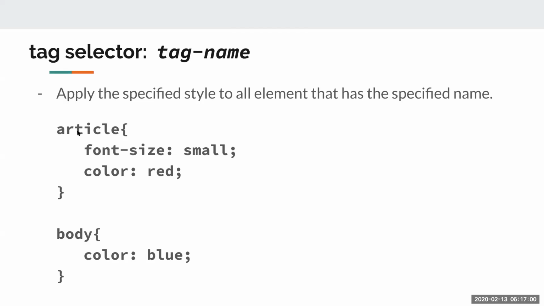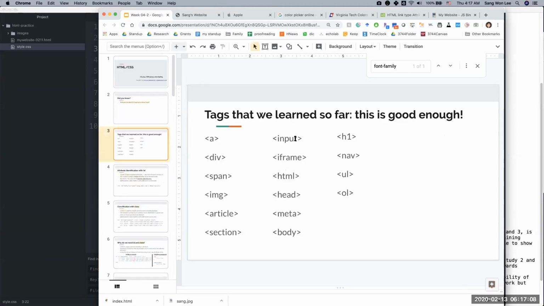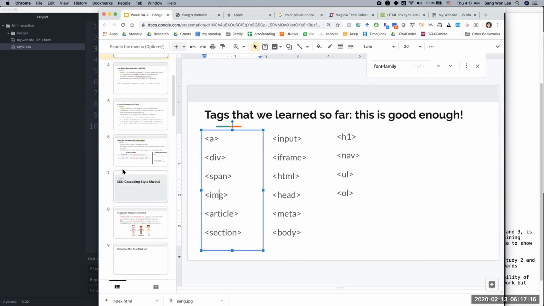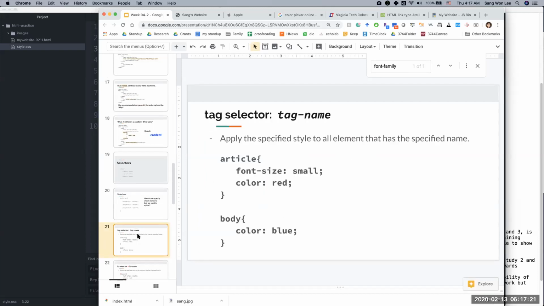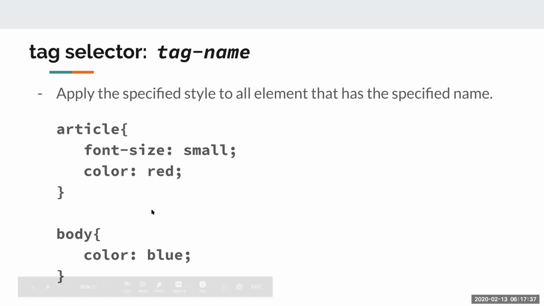For our case, these are the tags that we learned so far: it could be a, div, span, image, article, section, and so forth. You can even select body, which is basically all the visible content, and then set the font color to blue in this case.